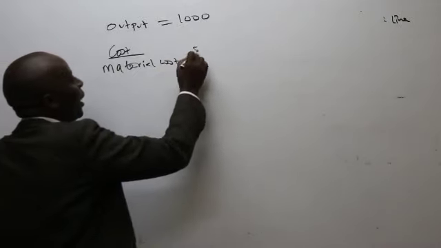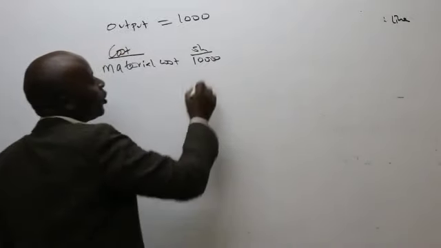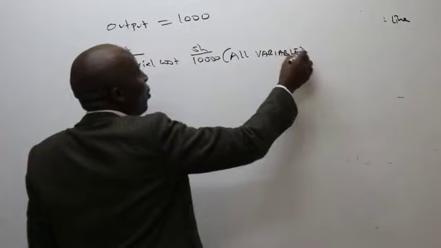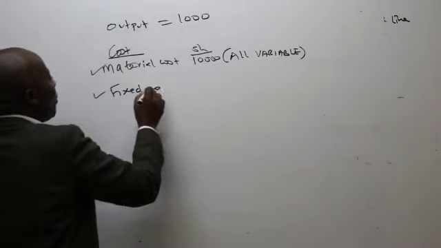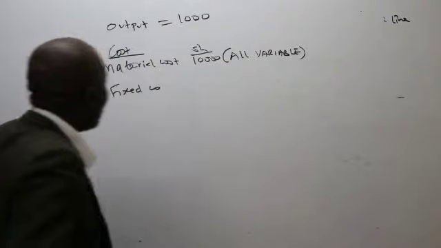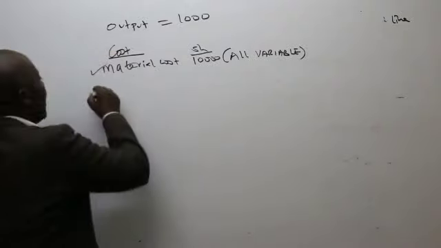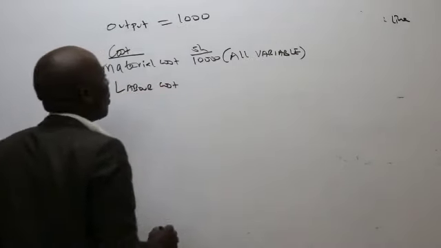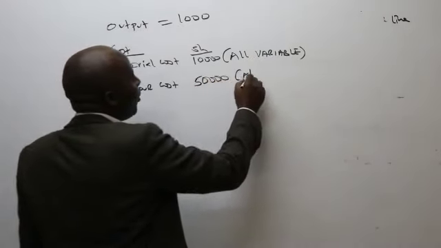Material cost is 10,000 shillings, and we are told in the brackets here, all variable. Then we have labor cost of 50,000. Again, all variable.